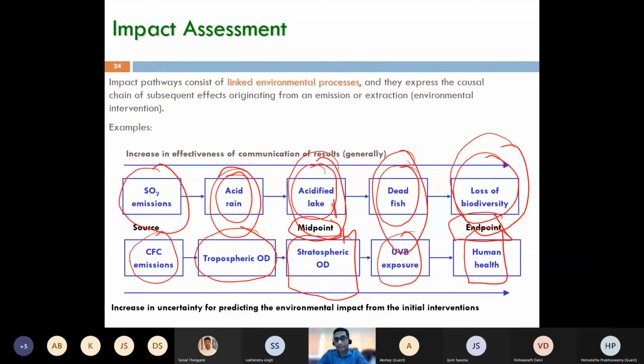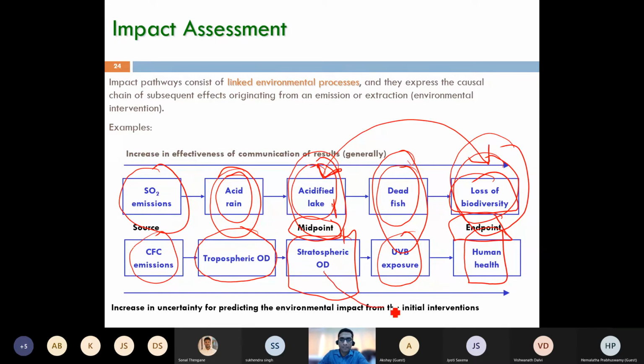But how much that decrease in pH of the lake is going to cause the loss of biodiversity is much less quantifiable. It might vary with the time, the place, and the circumstances. This is the effect for sure, but the relationship between these 2 points is not very quantifiable.